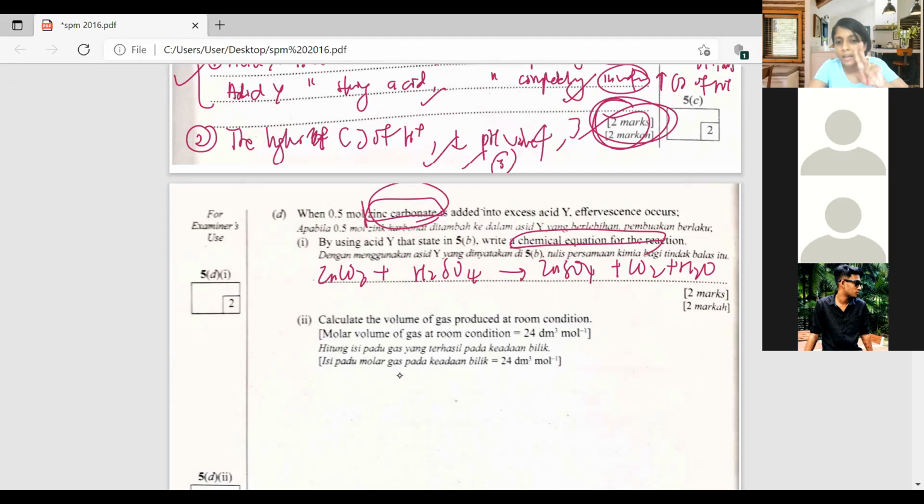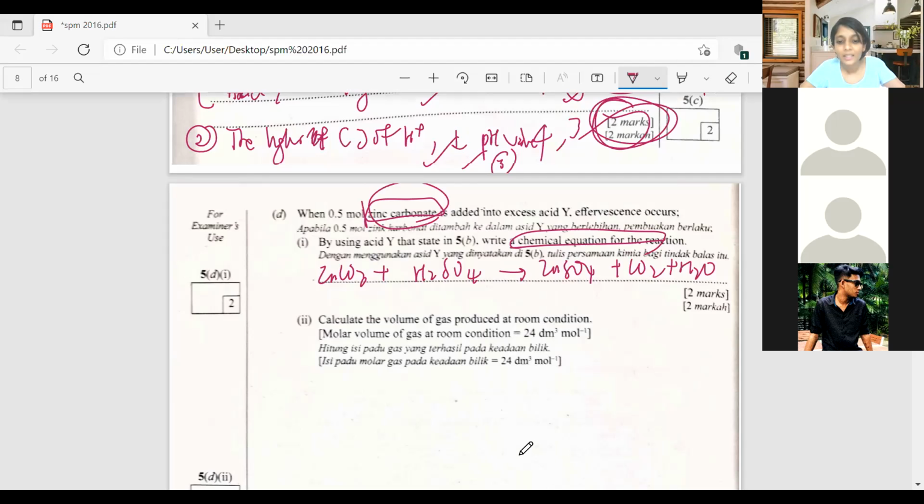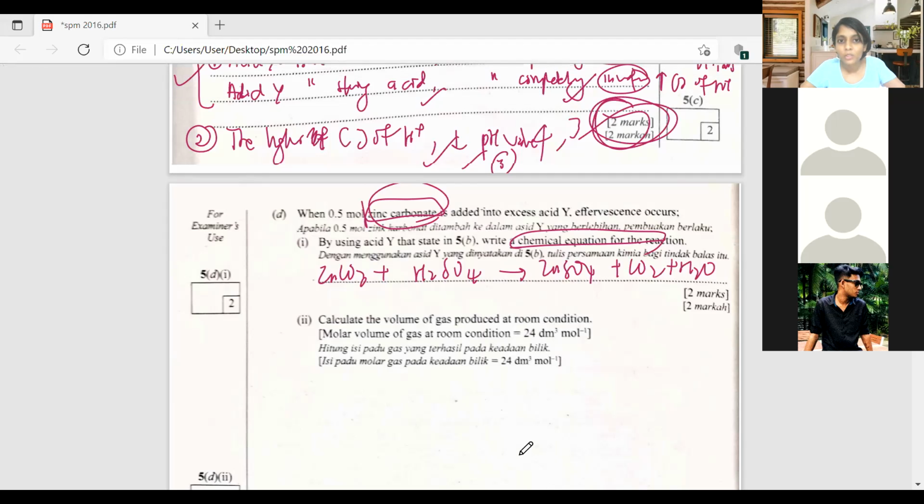How to get the first mark, how to get the second mark? Probably she's typing. Okay, very good. You write your chemical equation, the examiner will mark here 1 mark. You balance it, examiner puts on the arrow, second mark. So that's how you get 2 marks in exam.